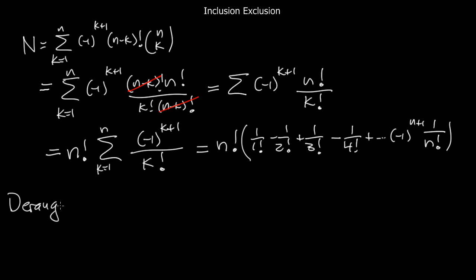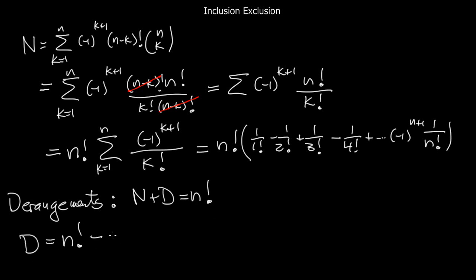Okay, so now let's go back and look at our derangement number. Remember, the number of derangements plus this number n that we're talking about is n factorial. That is to say, the derangement number is n factorial minus n. We can write that out like this.